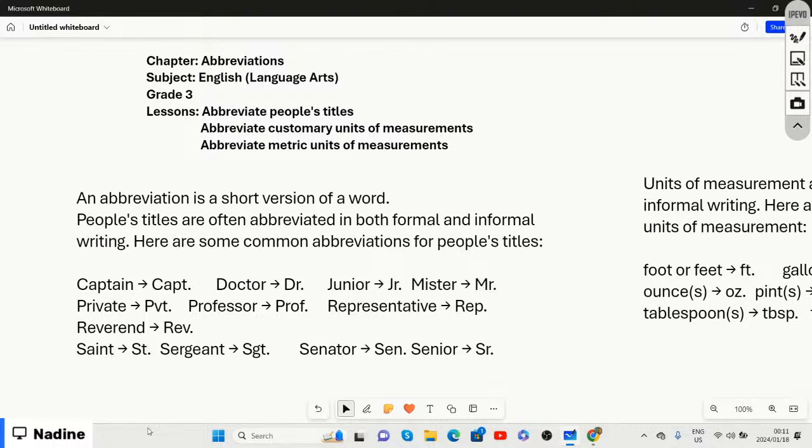So if we look at a few common abbreviations for people's titles, right, then we can, for example, identify someone as captain, right? It doesn't just have to be a captain of a ship or a captain of a boat.